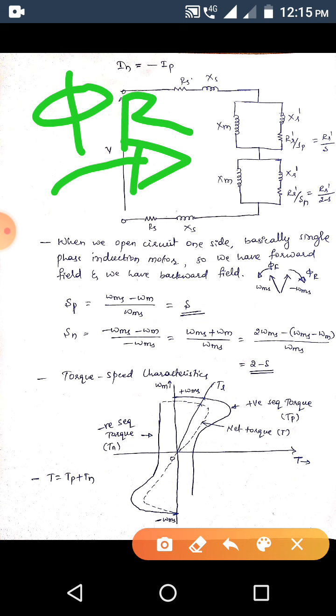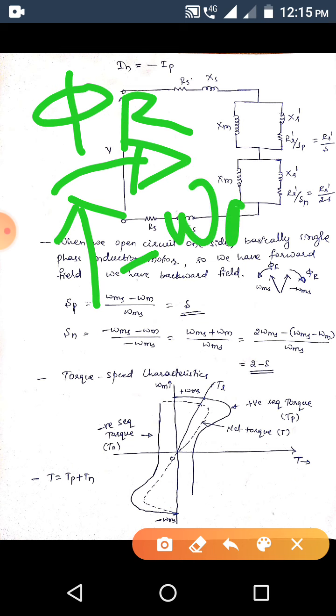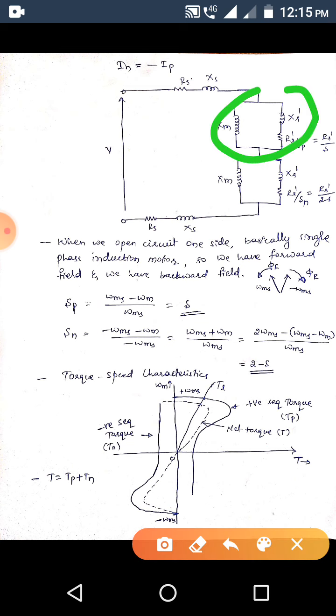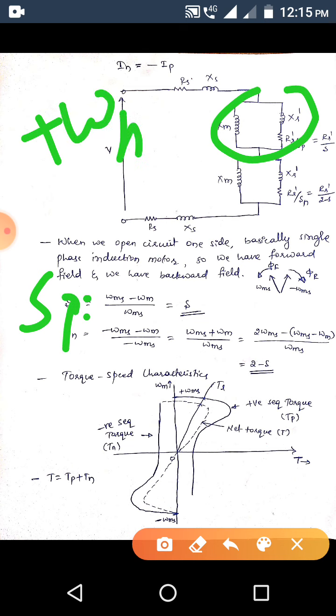If the field is reverse, then the synchronous speed is also negative here, that is minus omega ms. In this winding we have the positive sequence winding, so the slip for this positive sequence will be Sp, because we have the positive synchronous speed here, that is Sp is equal to (omega ms minus omega m) divided by omega ms, that we have proved in the previous class.